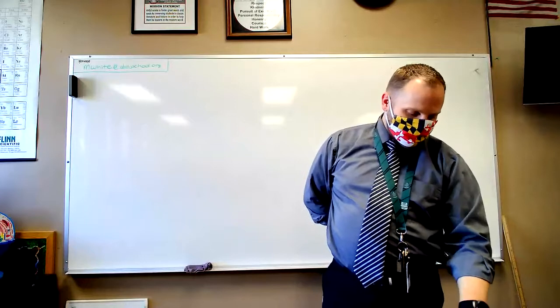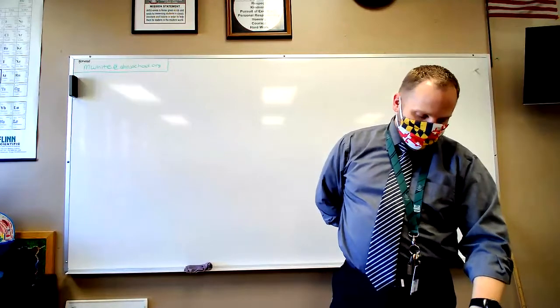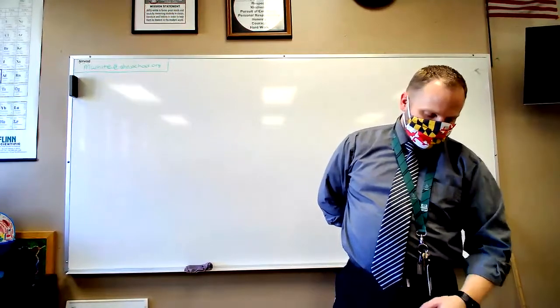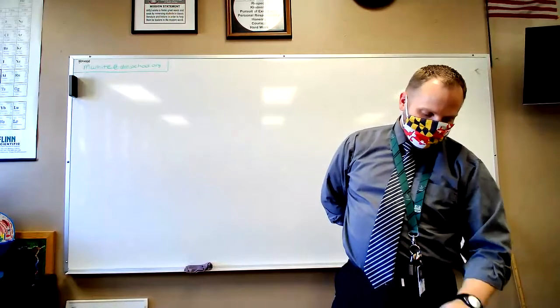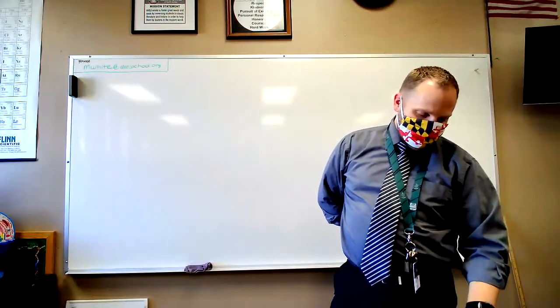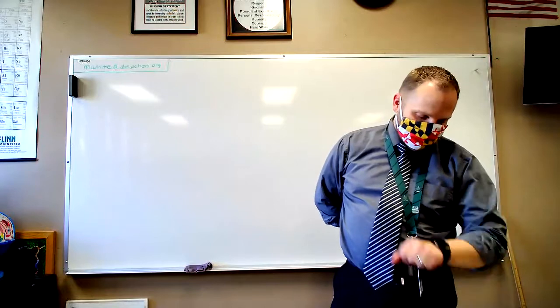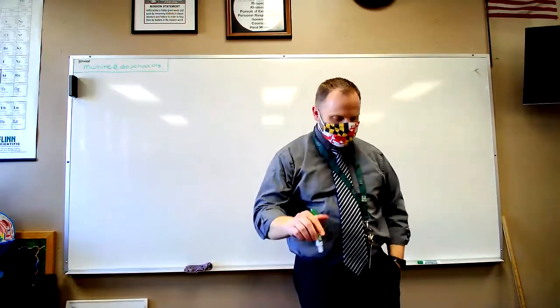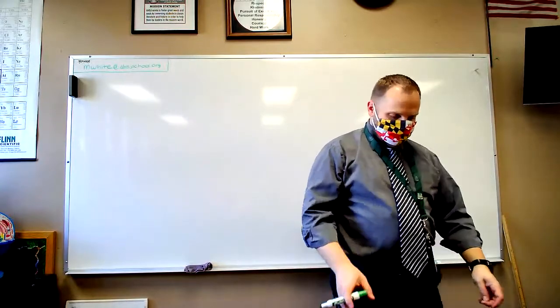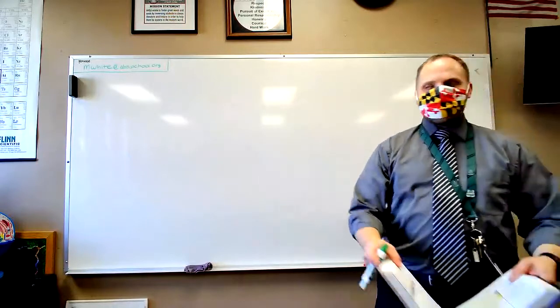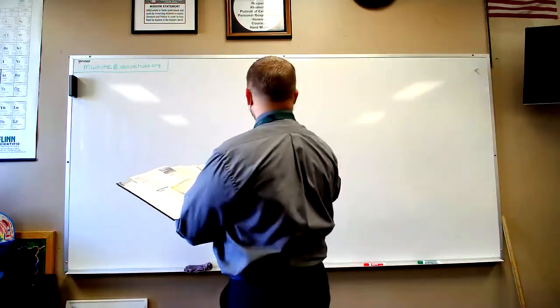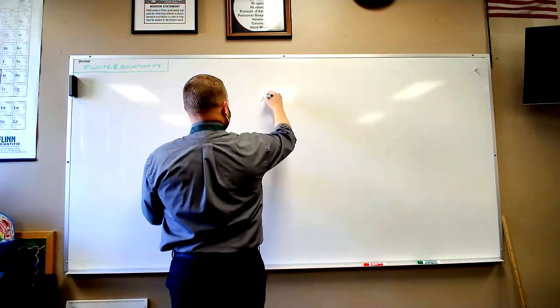So, use the reaction shown to calculate the mass of solid ammonium nitrate that must be used to obtain 0.100 liters of dinitrogen monoxide gas at STP. So it gives us our balanced equation. We've got our ammonium nitrate.